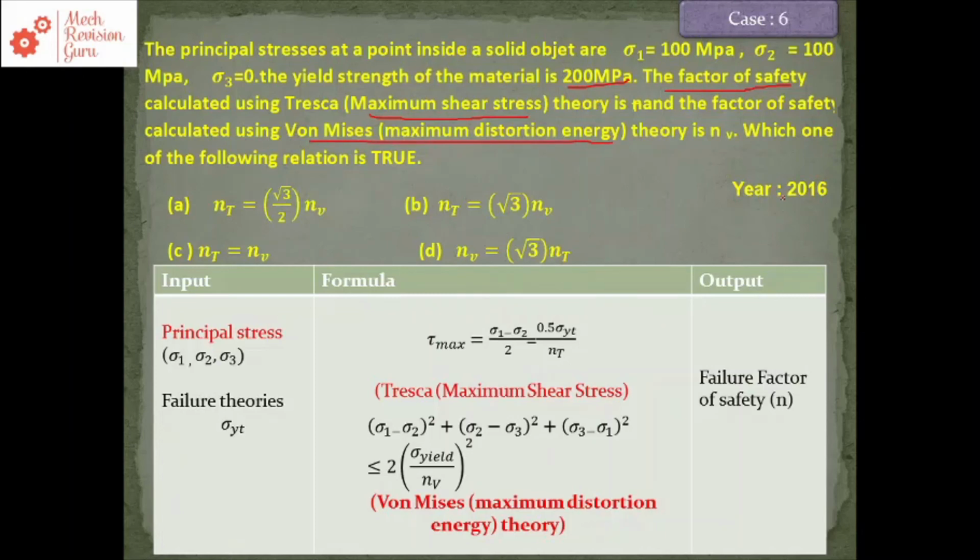Now we have to find the factor of safety of the maximum shear stress theory, NT, and determine the factor of safety NV using the von Mises theory. Then find the relationship which is given in the answer. So this is the formula used to determine the factor of safety for the two theories: maximum shear stress and maximum distortion energy.